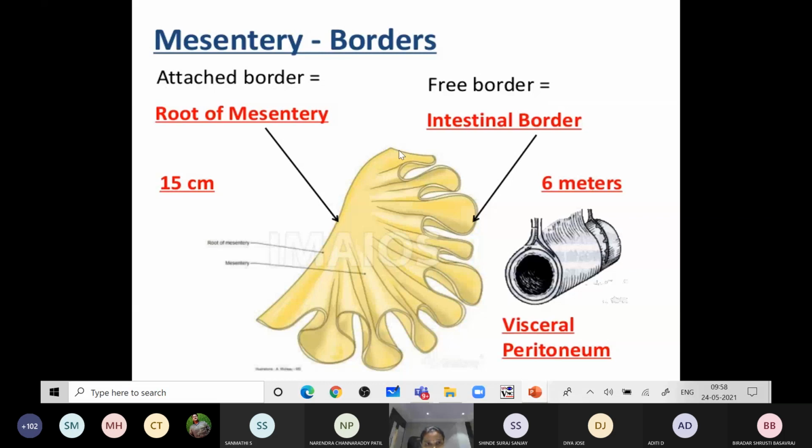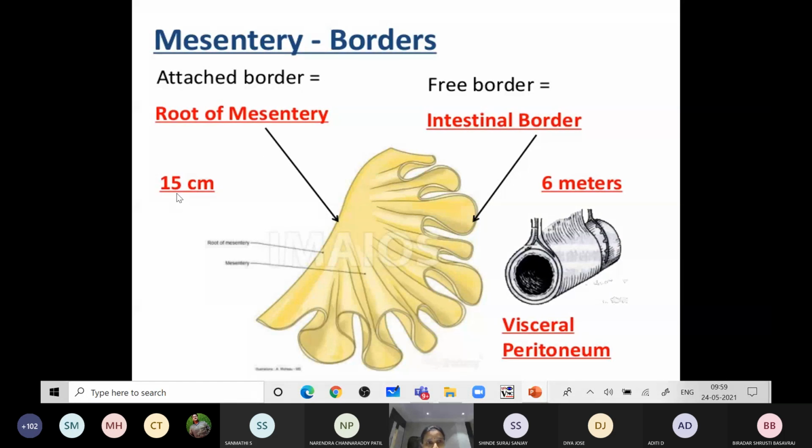It has two borders, the attached border and the free border. The attached border is called the root of mesentery, where the mesentery is attached to the posterior abdominal wall. The free border is called the intestinal border, which suspends the coils of the small intestine. Here this coil, this is mesentery.